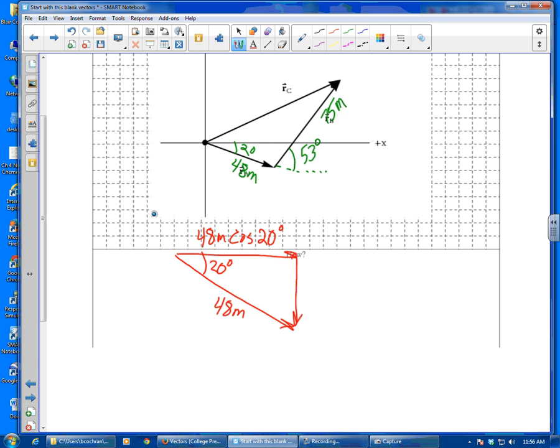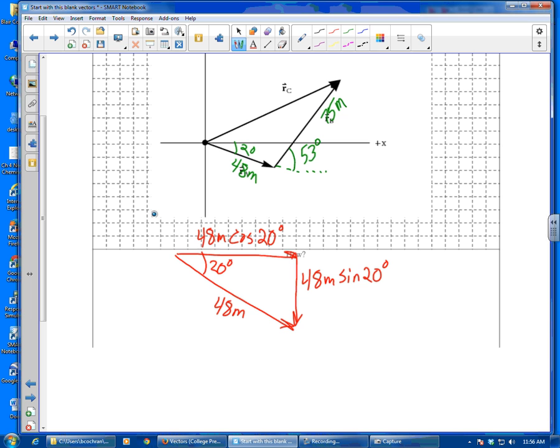To get the opposite side, I'm thinking sine again. So on the opposite side, I'm going to get 48 meters sine 20 degrees. Notice, which direction does the opposite side point? Downwards.